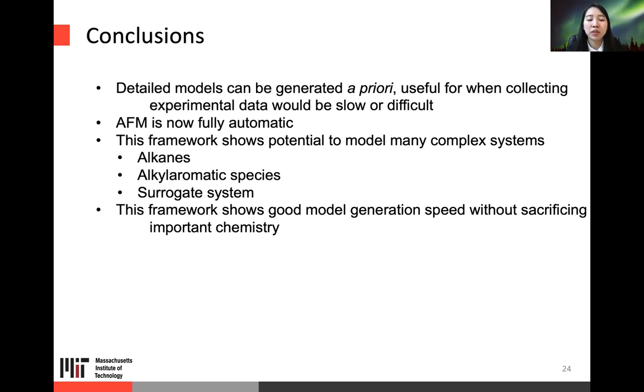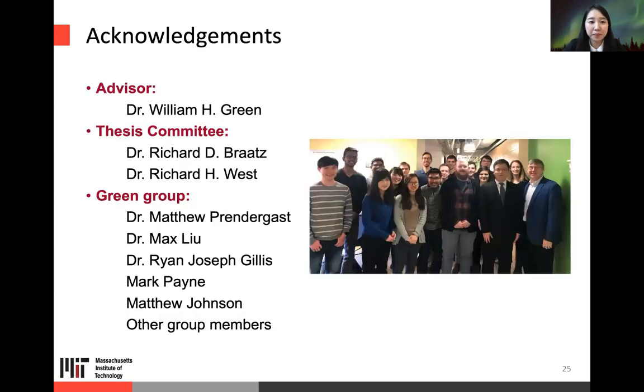This fragment modeling framework shows potential to model many complex systems, either alkanes or alkyl aromatic species, or even multiple species systems, such as surrogate systems. And this framework shows good model generation speed without sacrificing important chemistry.